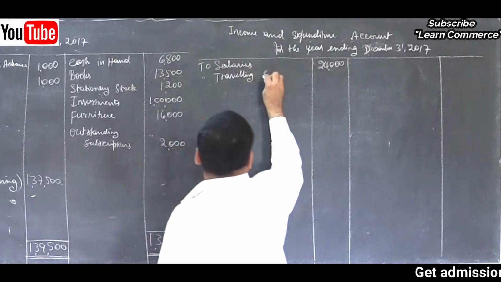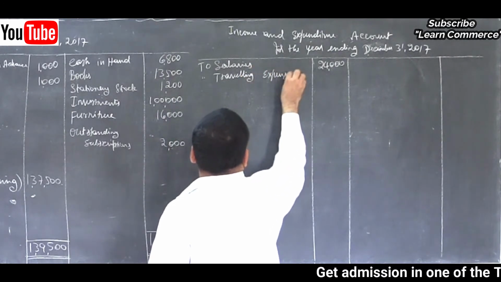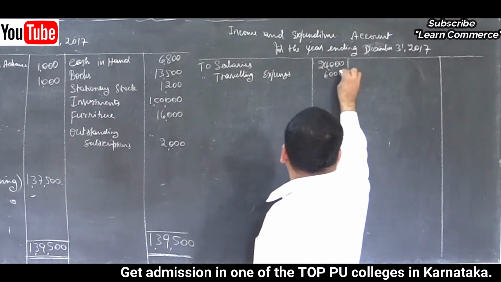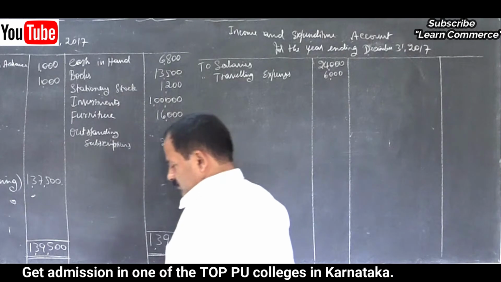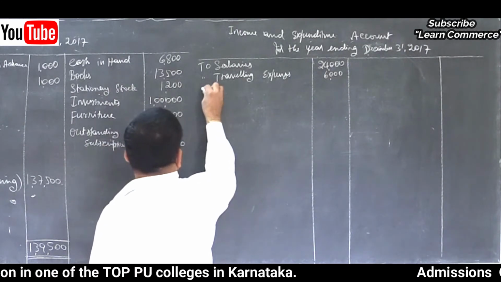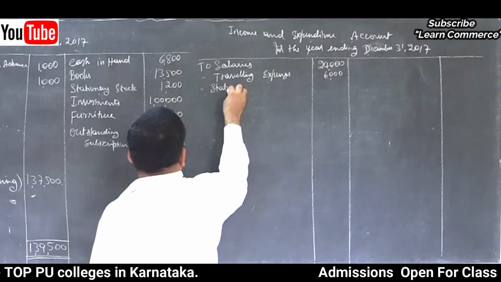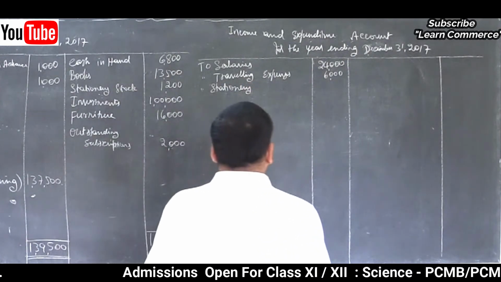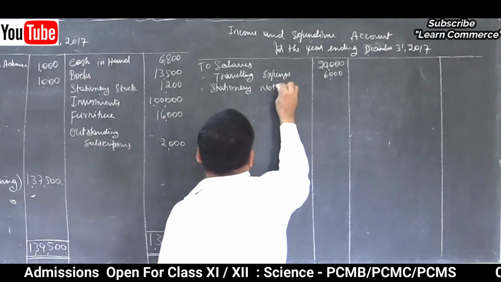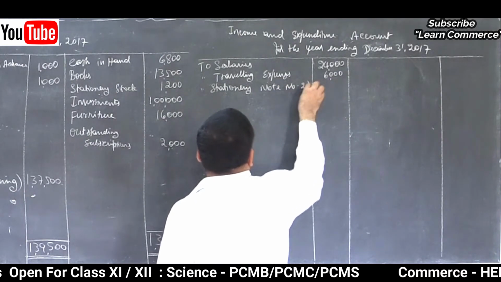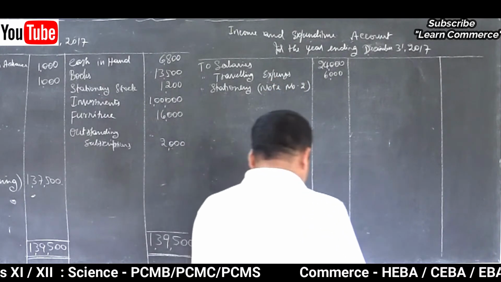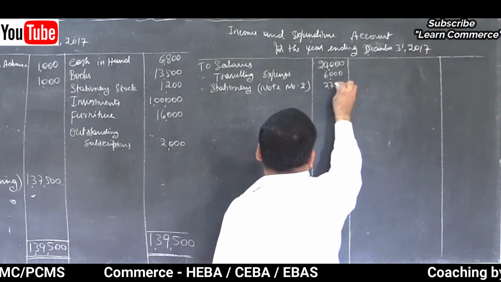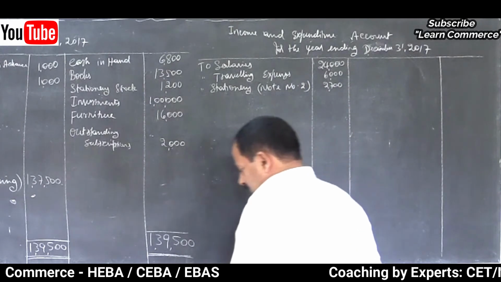Traveling expenses 6,000. Stationery, note number 2. We have already calculated. Note number 2, correct? Yes. How much? 2,700.